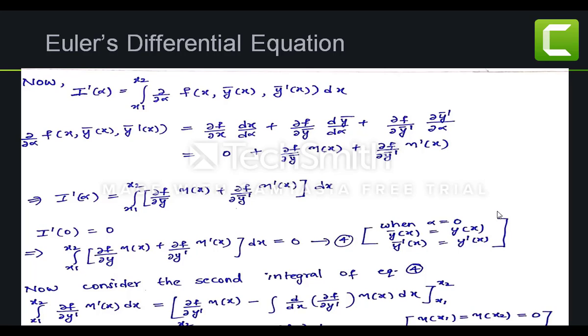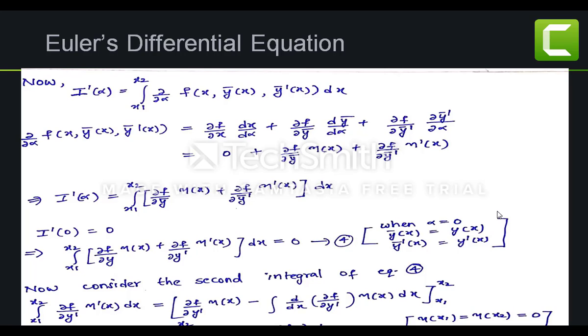So first function ∂f/∂y' into integral of second, so η(x), minus integral derivative of first, that is d/dx of ∂f/∂y' into integral of second, so η(x) dx, from the limit x1 to x2.